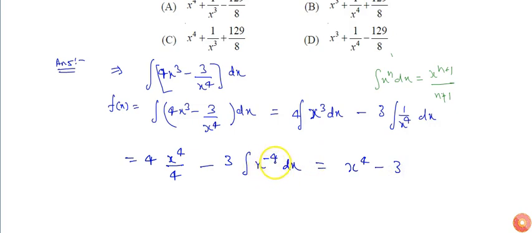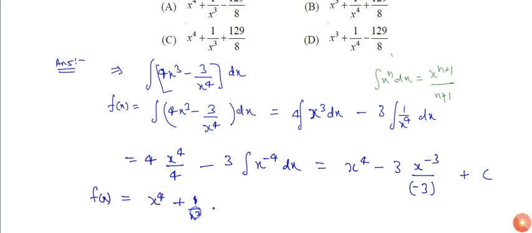Now the integration of x^(-4) will be x^(-4+1), which is x^(-3), divided by -4+1, which is -3, and plus c, since it is indefinite integration, so the integration constant c will be there. So f(x) can be written as x^4 plus 1 by x^3 plus c.